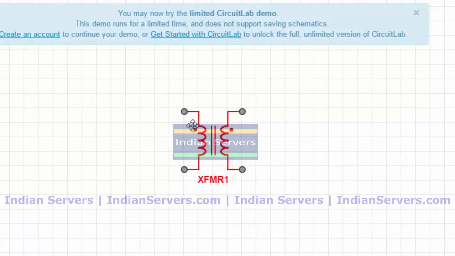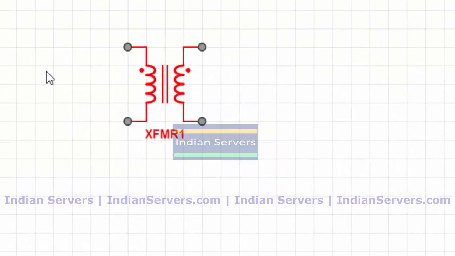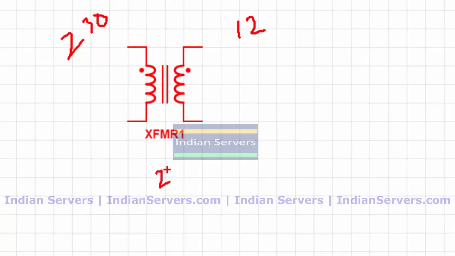Say for example you are making a small circuit where we have to step down the voltage, meaning you are giving 230 volts from your socket and you want 12 volts. You have to use a 230 by 12 volts transformer. So by seeing the rating we can say which is step up and which is step down.